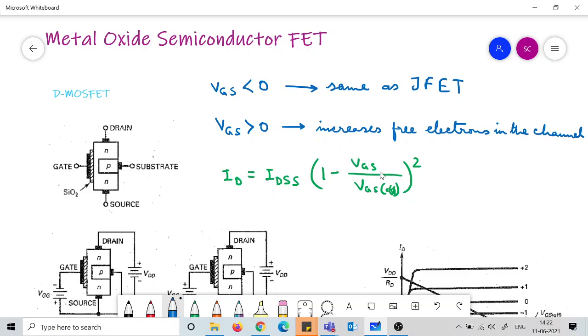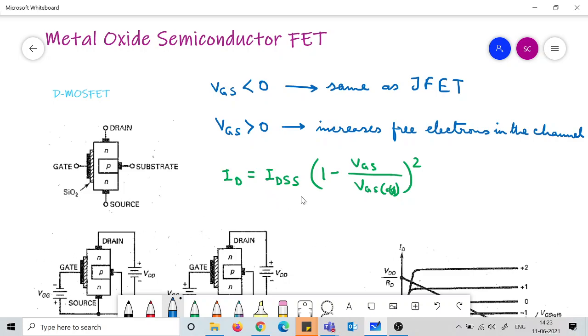Previously VGS and VGS off were both negative, so the signs were getting cancelled. But when VGS is greater than 0 and VGS off is some negative value, suppose -4, and VGS is +1, then you will have 1 minus 1 by -4, that is 1 plus 1 by 4. So this value becomes more than 1, and ID is now more than IDSS.